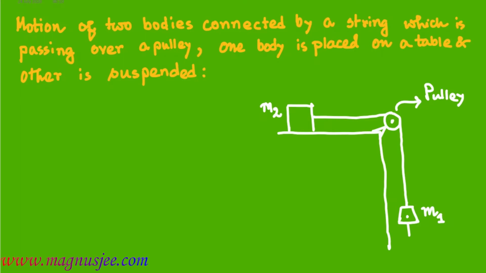m2 is the mass of the body which is placed on the horizontal table. m1g is the weight of the body which is hanging. T is the tension acting in the string.